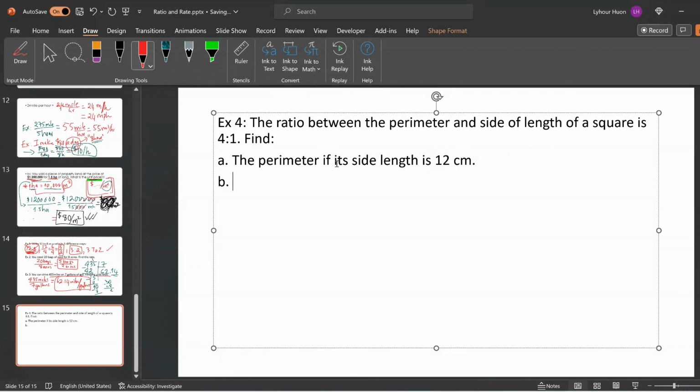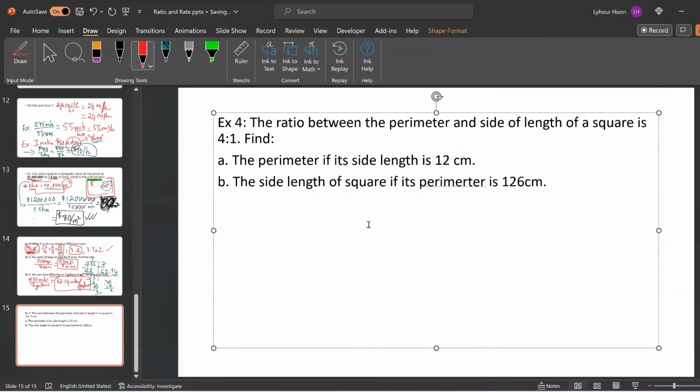B, find the side length of the square if its perimeter is 126 centimeters.